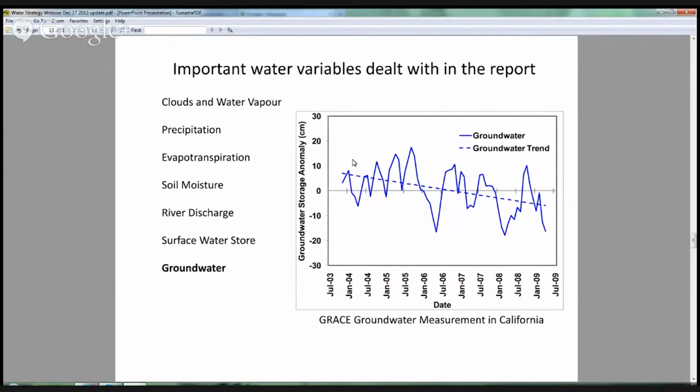Another area which has been successfully dealt with in the last decade through a mission called GRACE is able to provide monthly estimates of the groundwater variations. The satellite itself measures gravimetric variations, which are arising primarily due to variations in the water that's stored at and under the surface of the Earth.